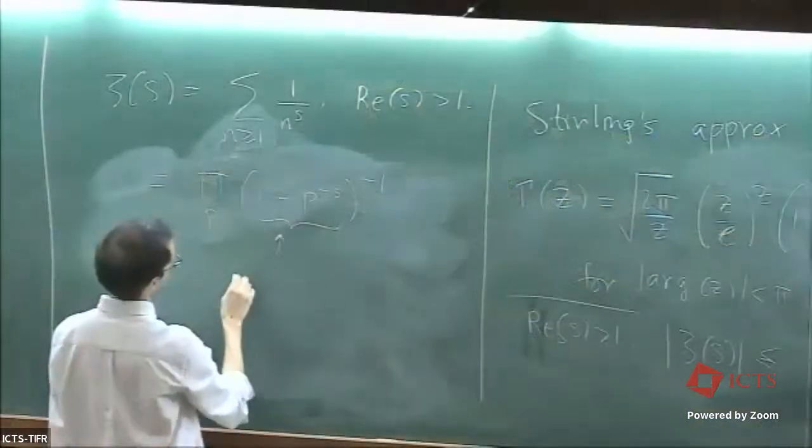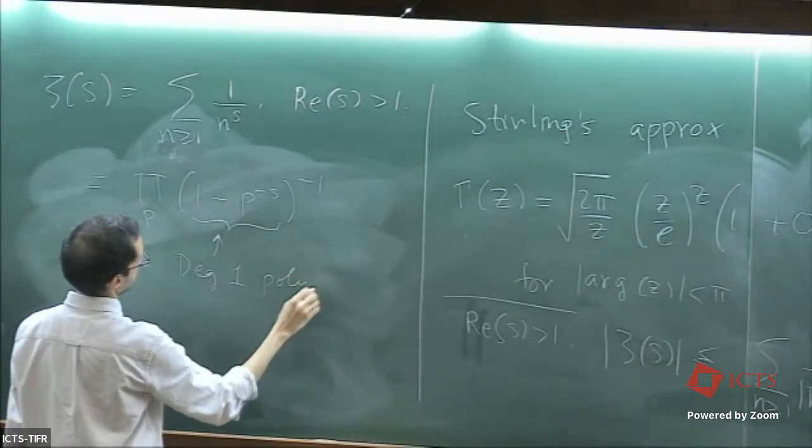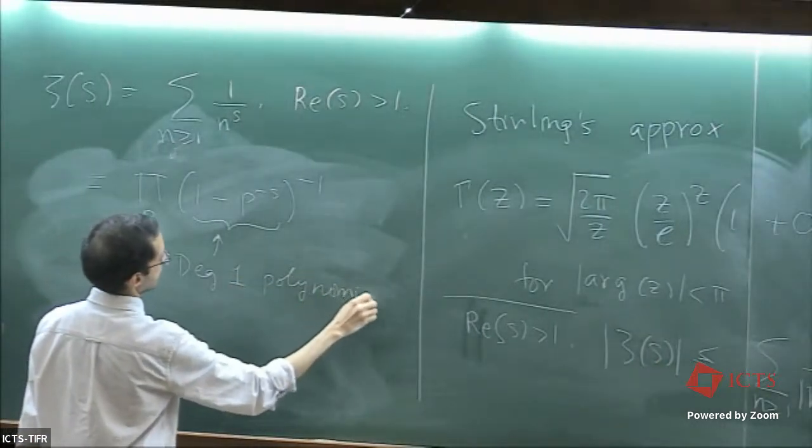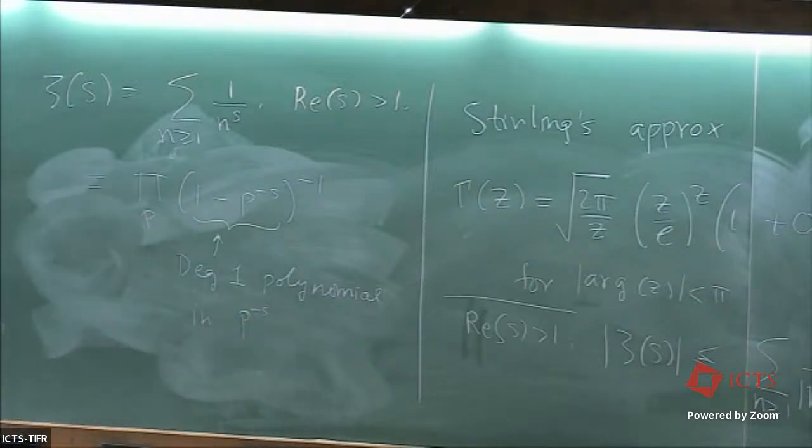So also recall that the zeta function has an Euler product. So this has an Euler product that looks like this. And notice this thing, this is a degree 1 polynomial in p to the negative s.